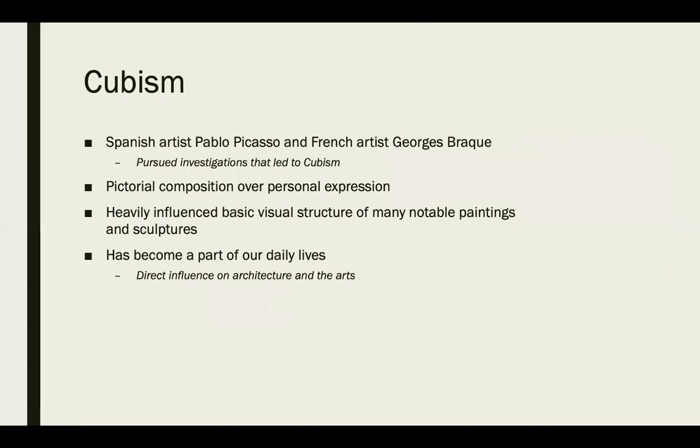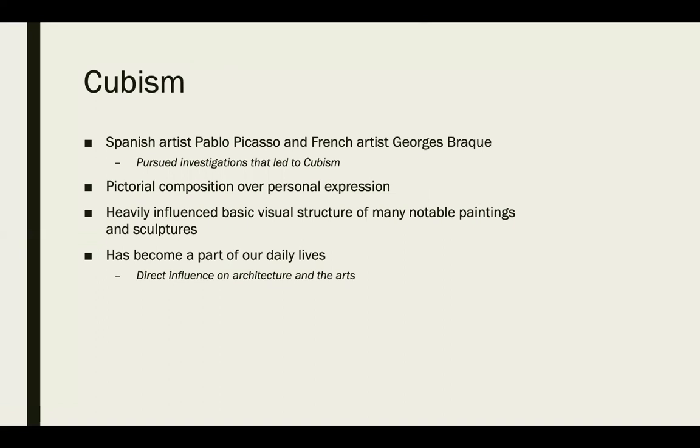Another movement we see is Cubism, which happens around the early 1900s. The Spanish artist Picasso and the French artist Georges Braque pursued investigations that led to Cubism. Essentially, Cubism is when there are pictorial compositions over personal expressions. So the composition of the artwork here is really important in how you're setting up your piece.